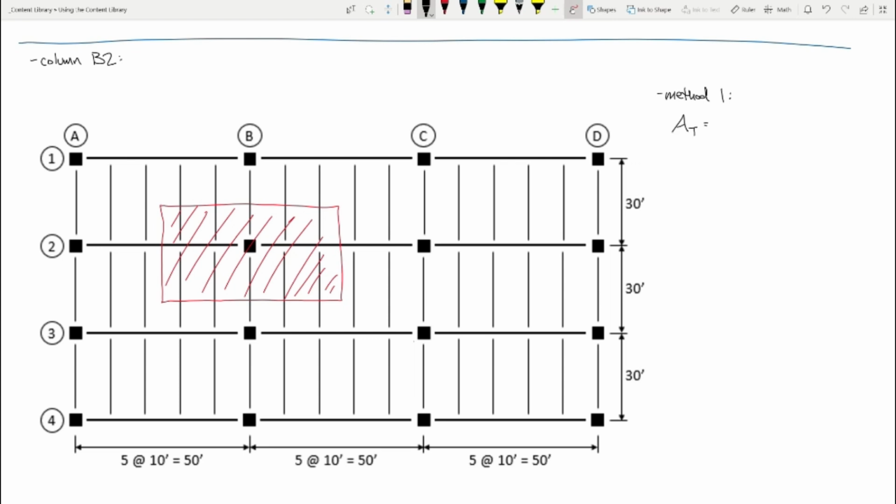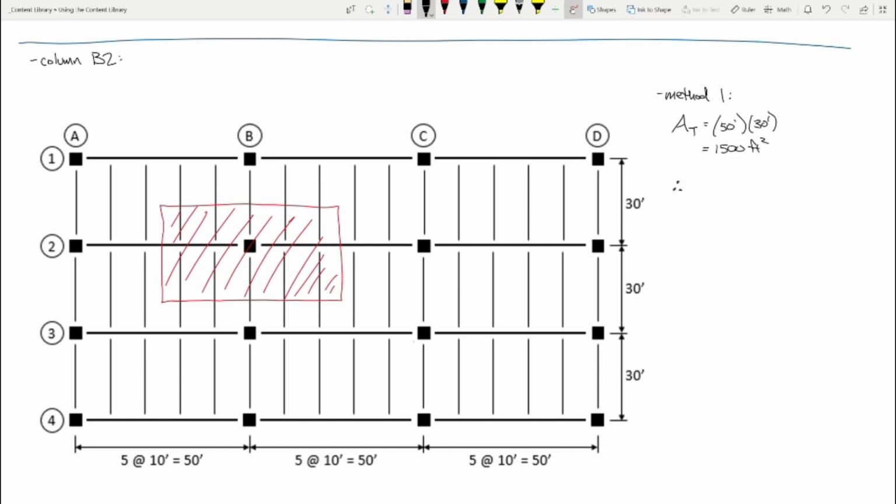What is the tributary area of that column? How do we compute it? It's not a trick question, it's simple. Not 150, but you're close. 1,500, right? Because it's 50 feet, 30 feet.